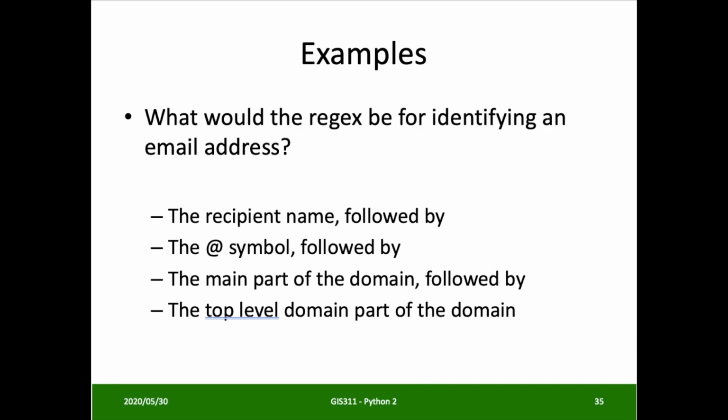Okay, so some examples. The regular expression for identifying an email address is basically the recipient name followed by an @, followed by the main part of the name, the domain name, followed by the top level of the domain. So that is basically, if you break an email address up, what is present.